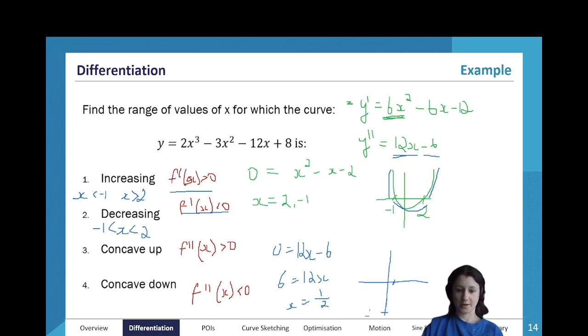Not that we particularly need to know that, but it's a bit helpful. So that is our curve there. It tells us that our second derivative is positive, so concave up, when x is greater than a half, and it's concave down when x is less than a half.